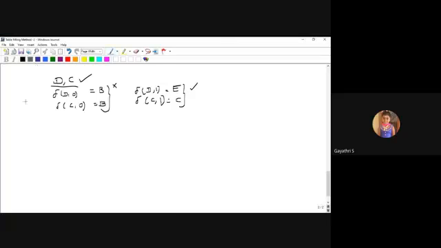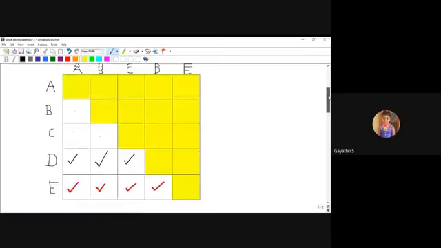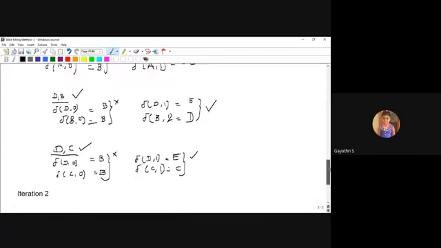Next, iteration 2. Do the same process for the unmarked pairs. What are all the unmarked pairs? Again, the unmarked pairs are BA, then CA, then CB. The three unmarked pairs are there.